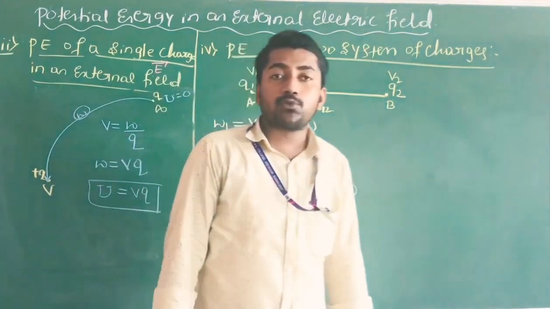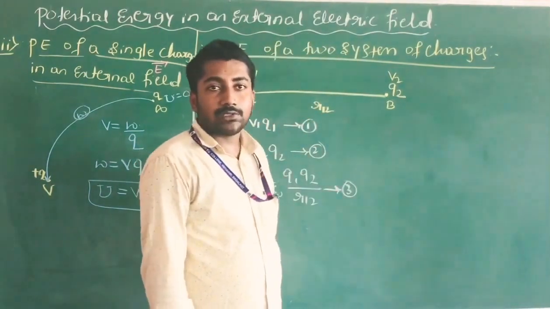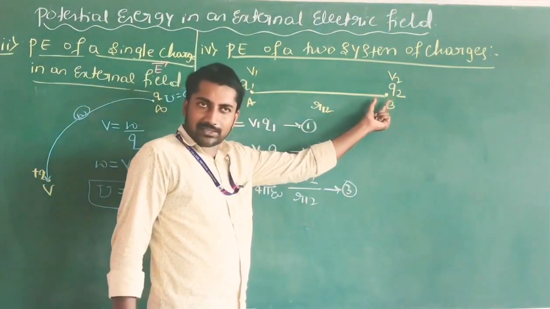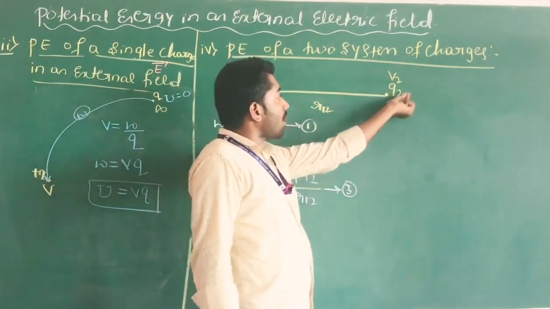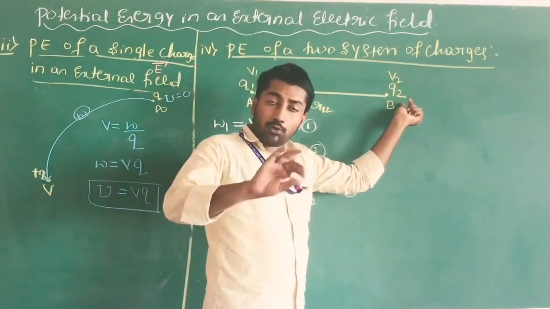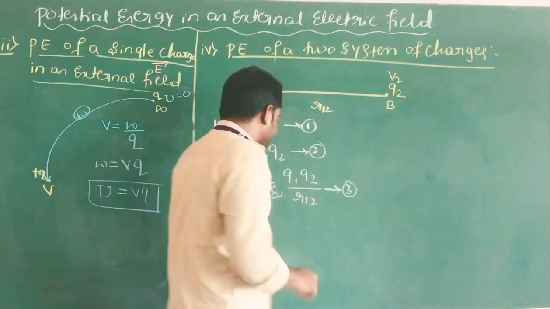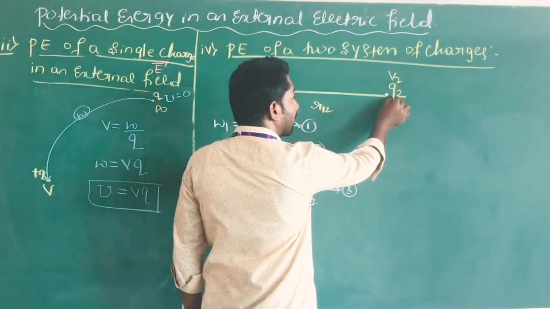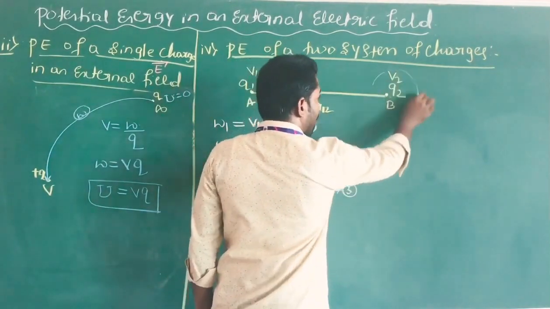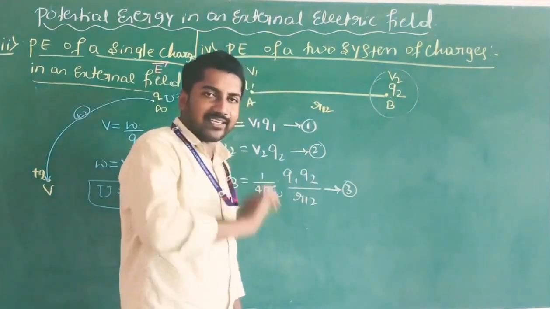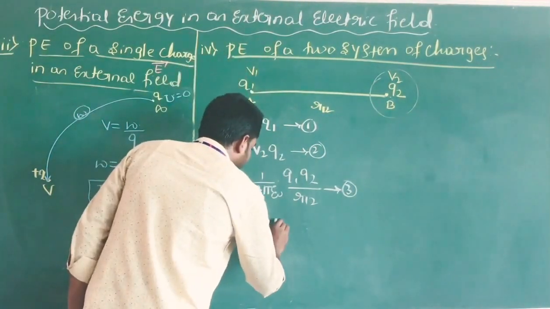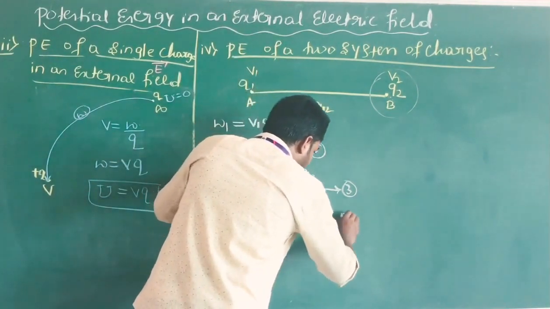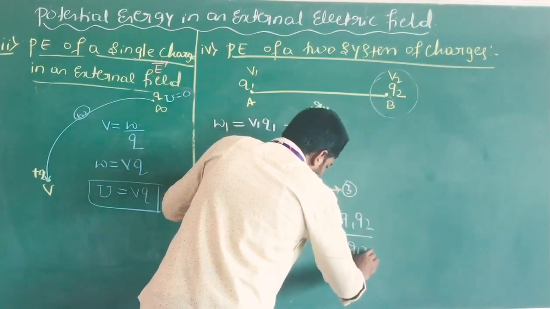According to the principle of superposition, the total amount of work done at Q2 is due to two electric fields, that is W4 is equal to V2 and Q2 plus 1 divided by 4 pi epsilon naught, Q1 into Q2 divided by R12.